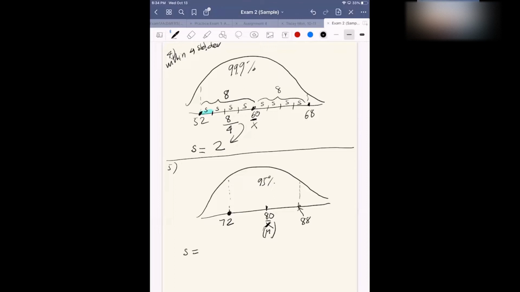I'm going to give you 1 minute to try it. Look at your notes and see what case you are in right now. You have to go to the left how many standard deviations, and go to the right how many?